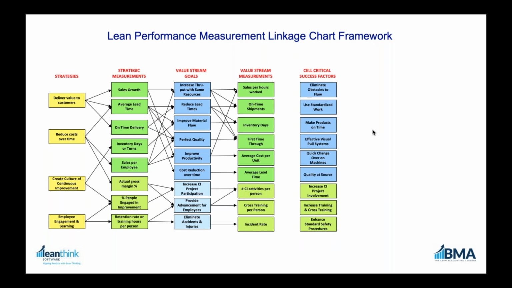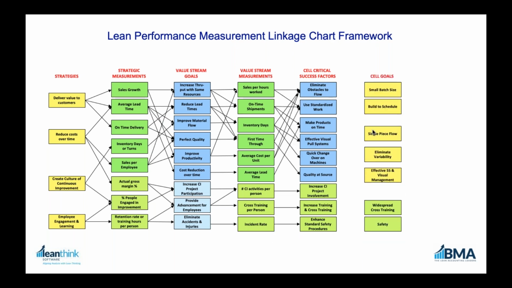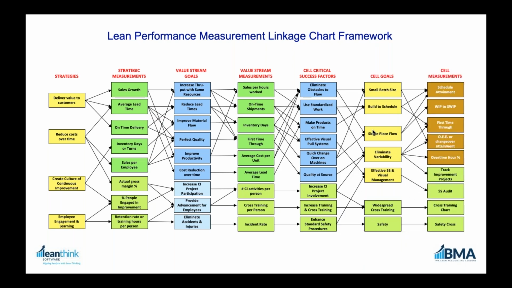After the value stream measurements are completed, we create what we call critical success factors for cells. So these are what I'd like to call performance standards. How should a cell perform all the time? And then from there, we create goals and measures.